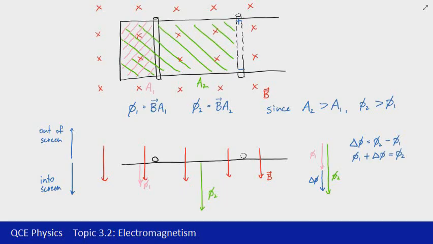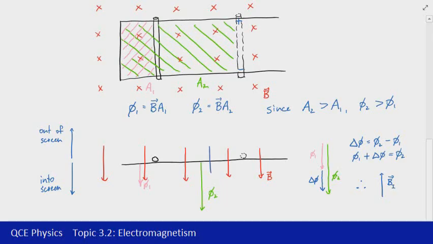So the change in flux in this scenario is into the screen, and we know from Lenz's law that the magnetic field produced by the current will be in the opposite direction to that change in flux. So we can say that the magnetic field produced by the current is going to be in an upwards direction, which means that it's going out of the screen.